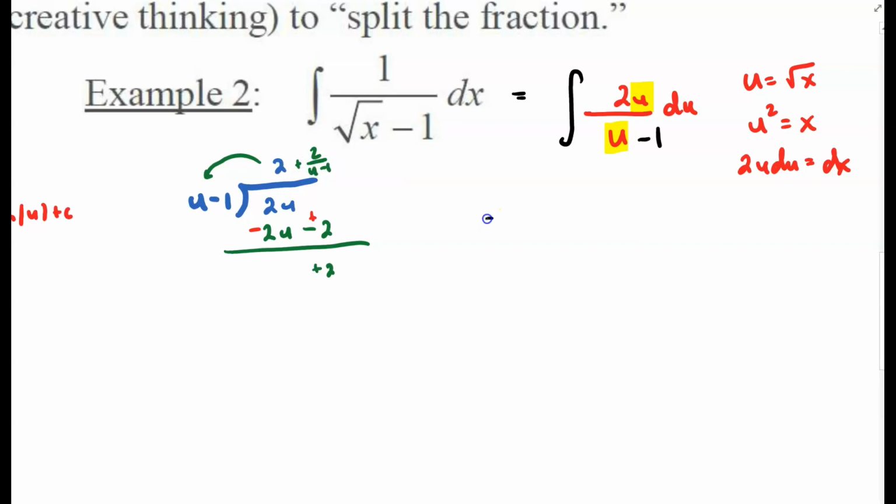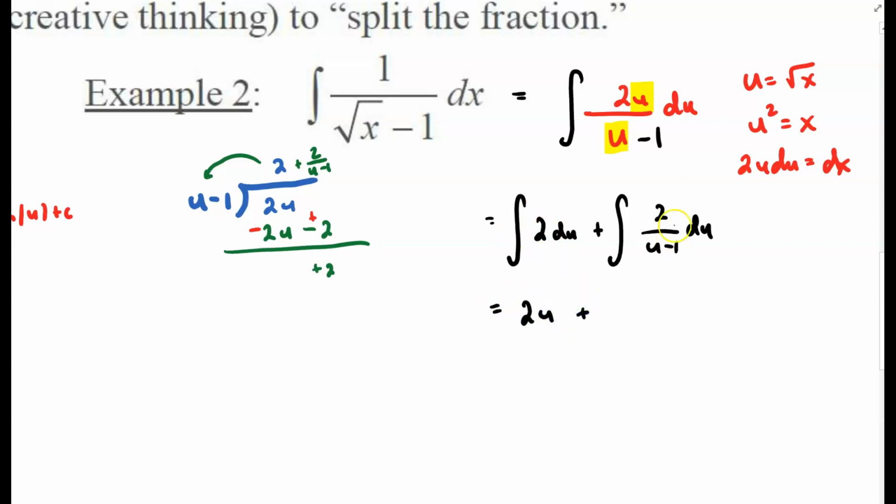Okay, so this is equal to the integral of 2, I like to just go ahead and split my integral right away. So I write it like this. So plus the integral of 2 over u minus 1 du. Okay, now the integral of 2 du is just 2u.